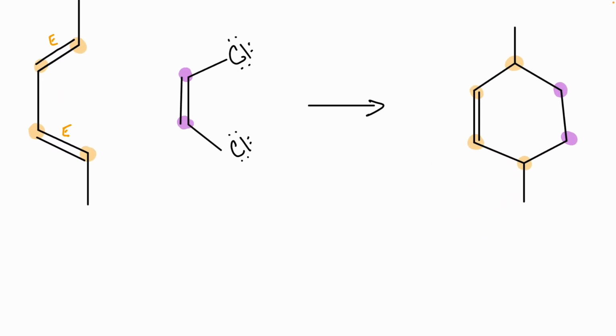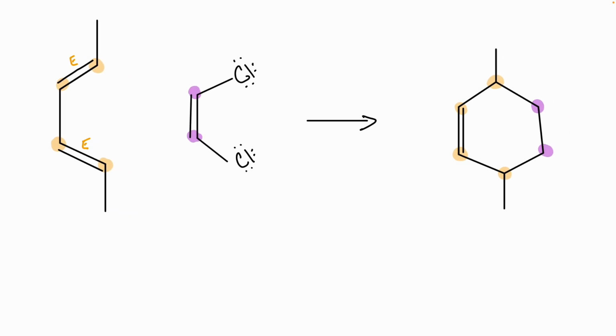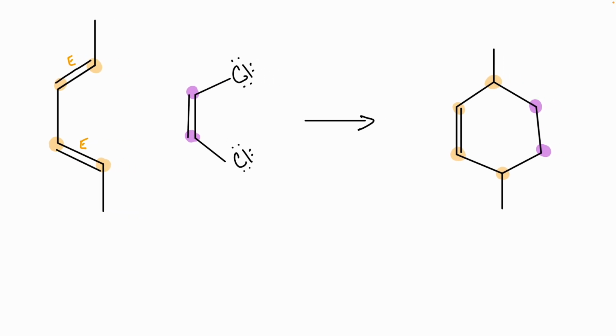All right, so since my 2 chlorines are pointed on the same side, right, this is a cis alkene. That means when I draw my product, I'm going to make sure to draw in the stereochemistry of that ring and show that they are pointed on the same side.